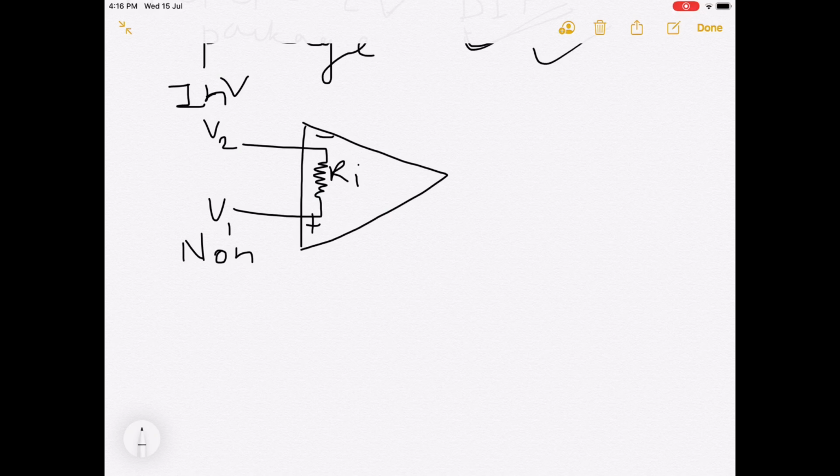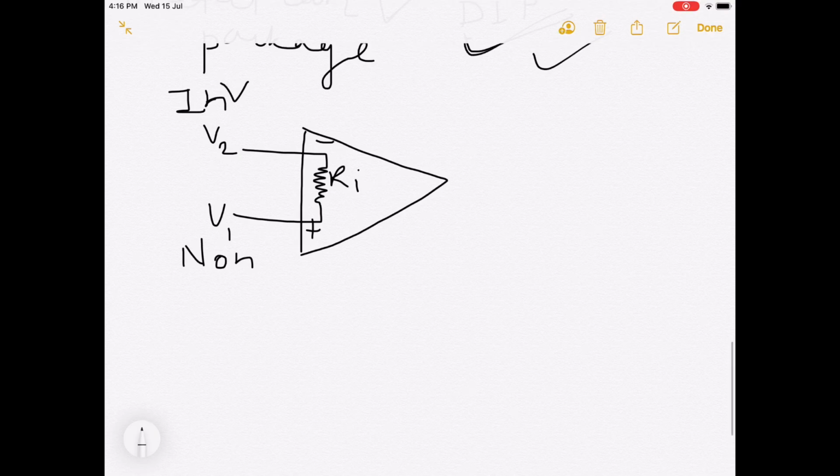As we know, the op-amp is a very high gain amplifier. So here we have to draw the output resistance, and then this is VO.